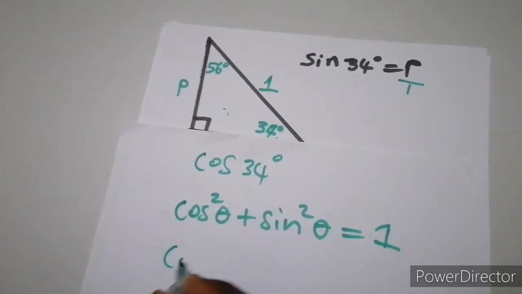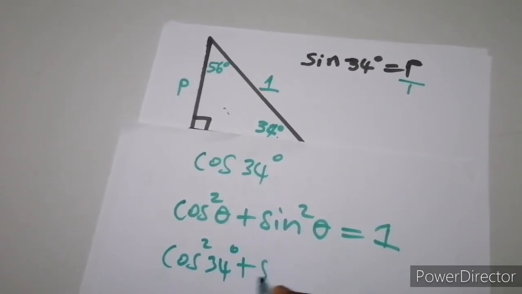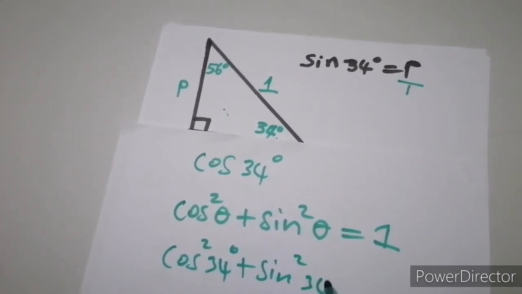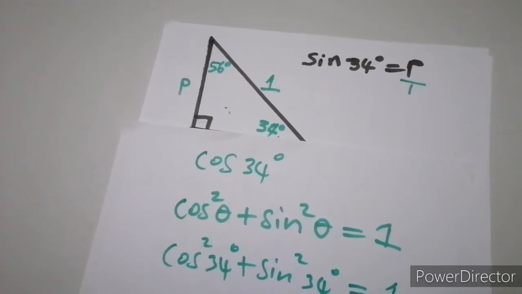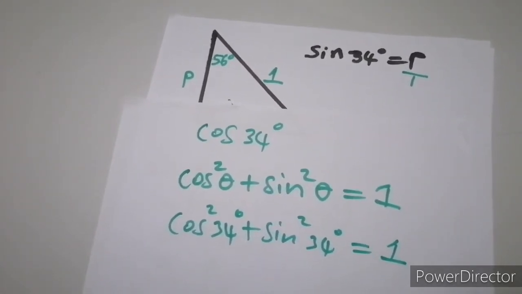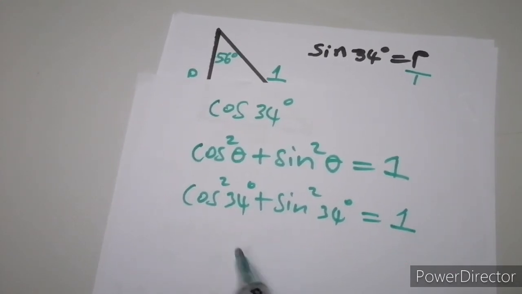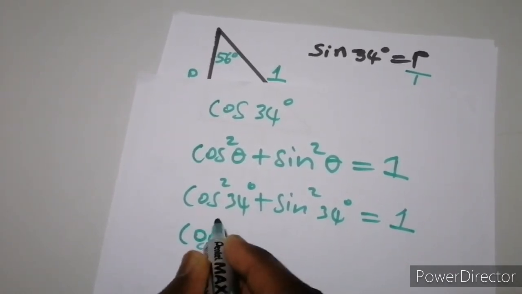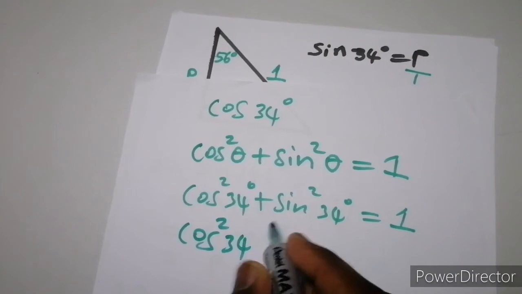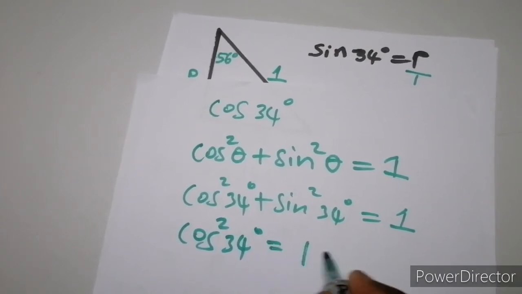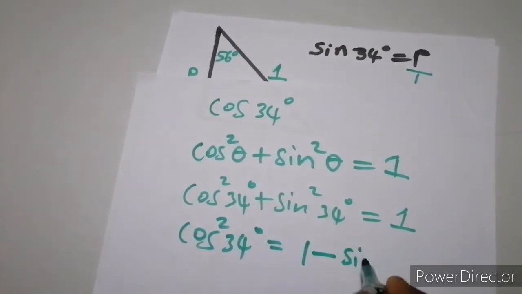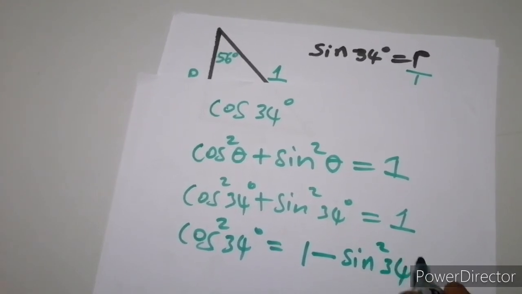Right, and now the cos squared 34 degrees plus the sine squared 34 degrees is equal to 1. The knowledge of square identities. Then now we're going to rearrange and make cos of 34 the subject of the formula. Now cos squared 34 degrees is equal to 1 minus sine squared 34 degrees.